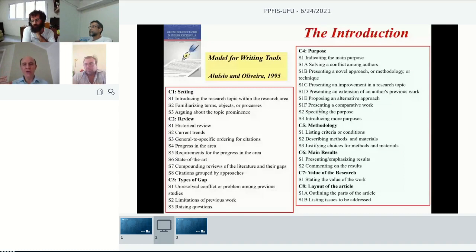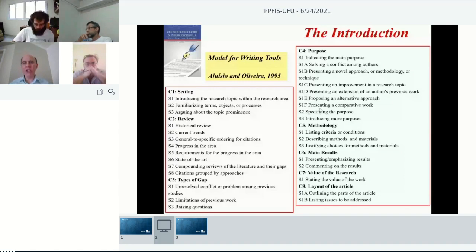So the whole thing is we want to learn how to write as a native would do. To acquire this knowledge, my suggestion is that we compile a very large database that we call a corpus of text written by native speakers, so that we can learn by example. That's why, for instance, for the introduction, we need a very detailed classification of the components.